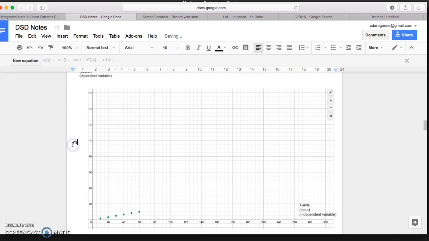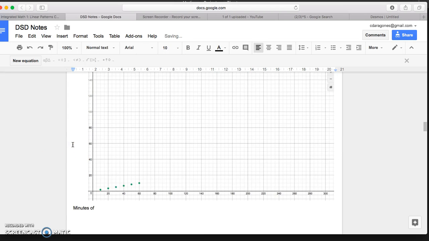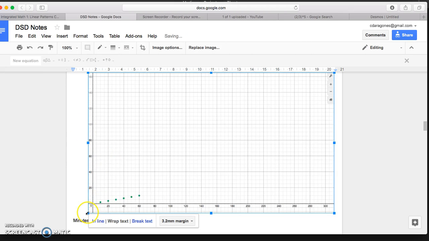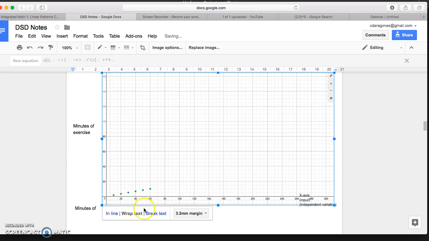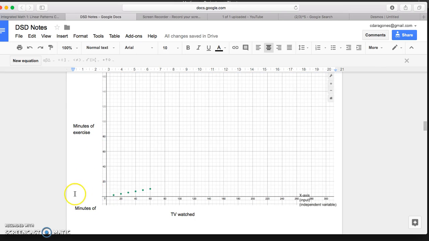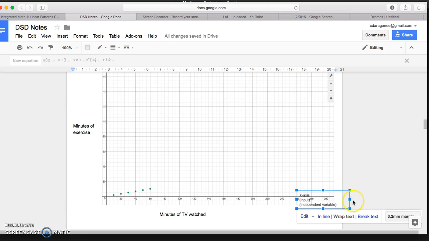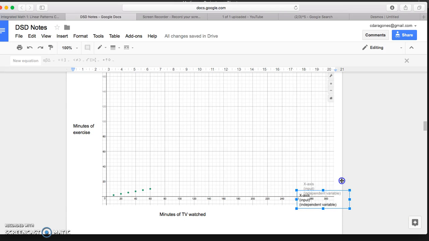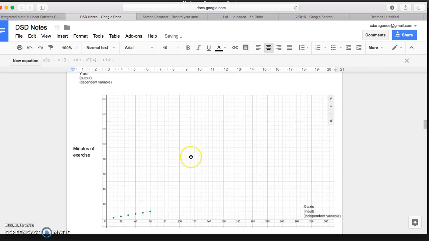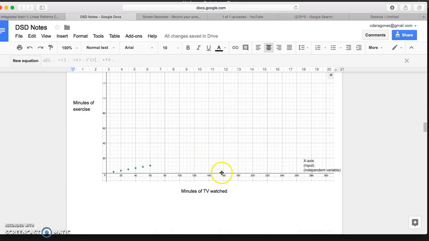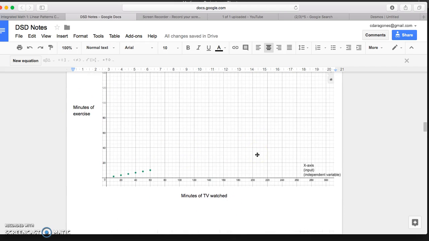My y-axis is minutes of exercise. So in your graph, you should definitely have all these components labeled correctly. Your x-axis, your y-axis, and the units of what it is that are related to each other.